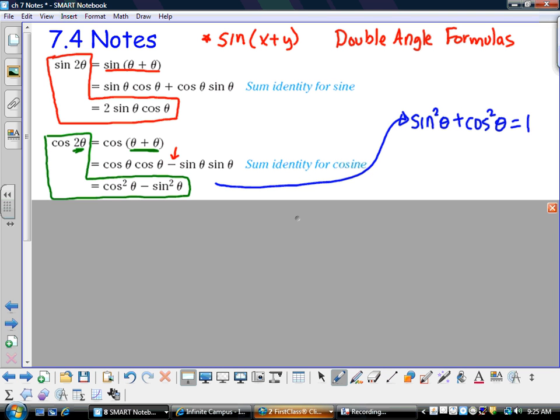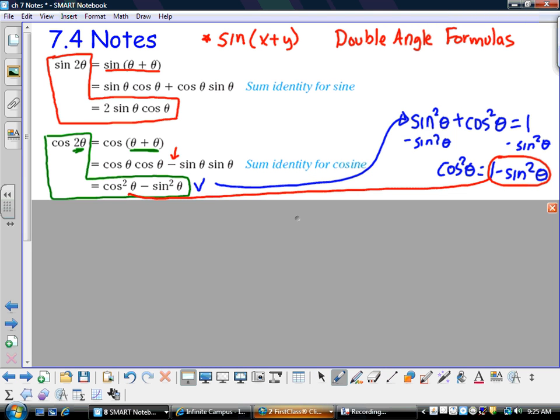Now we can use this Pythagorean identity to get a different version of this same formula right here. So for example, I could say cosine squared equals 1 minus sine squared. And I can substitute that into the formula. So I'm going to take this and substitute it in right there.